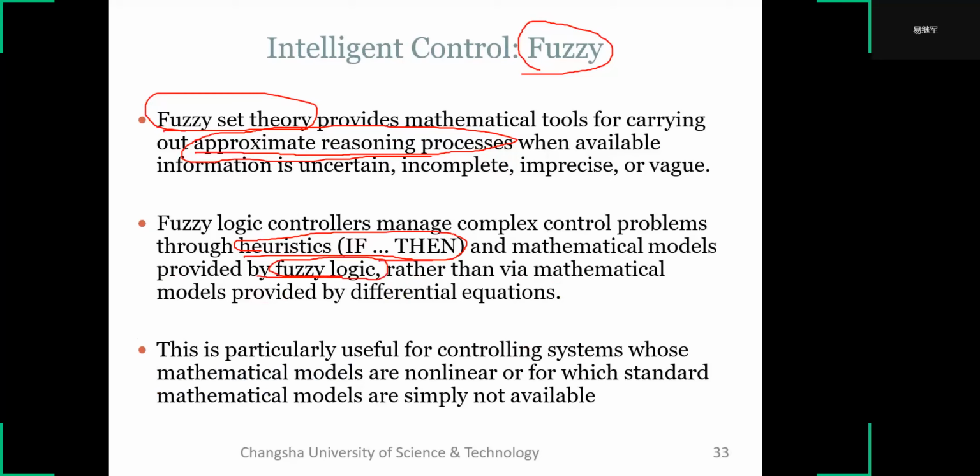Fuzzy logic is when we say something is a little big, or medium big, or extremely big. This is fuzzy logic.